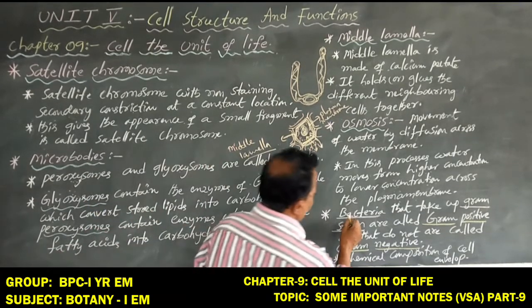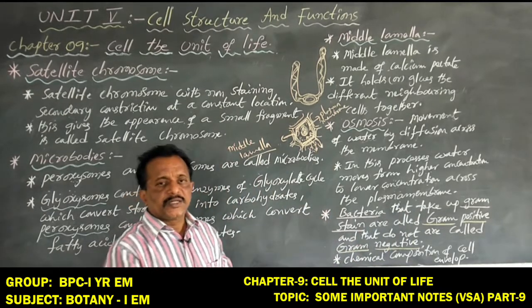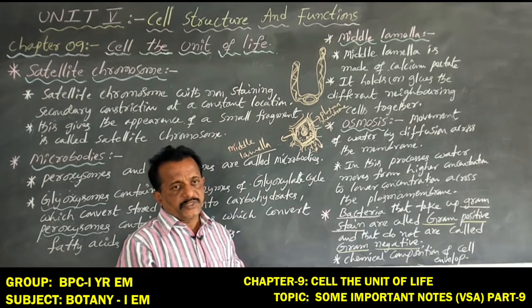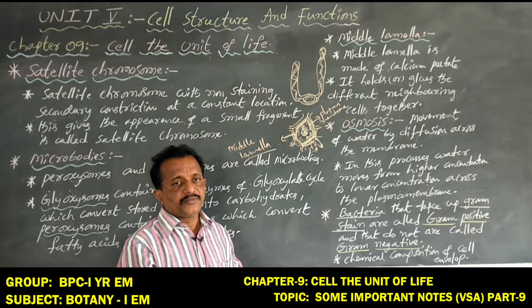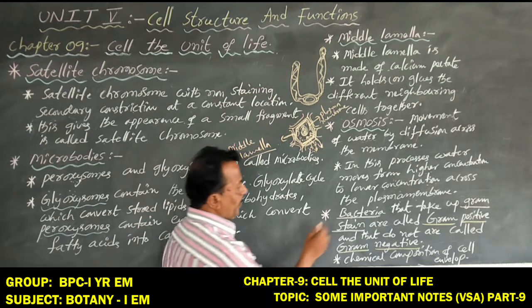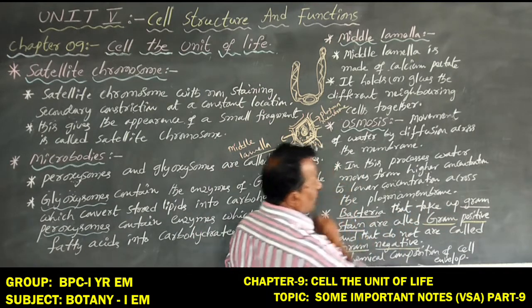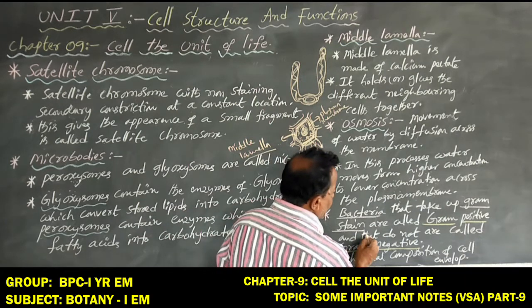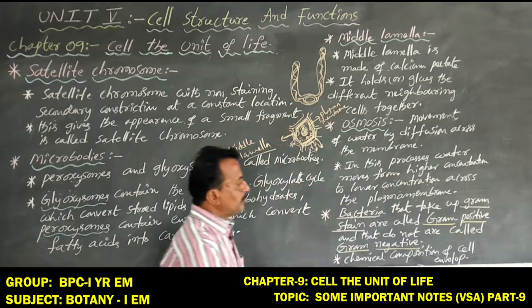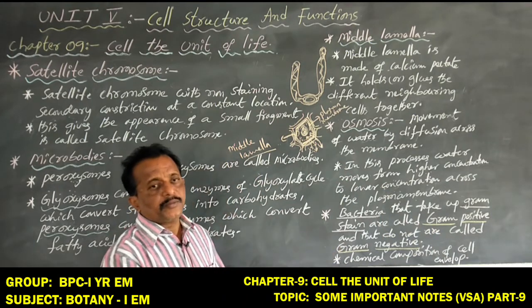Okay now, bacteria that take up gram stain, that is crystal violet solution, which is one staining pigment, are called gram-positive, and bacteria that do not take up the gram stain are called gram-negative.